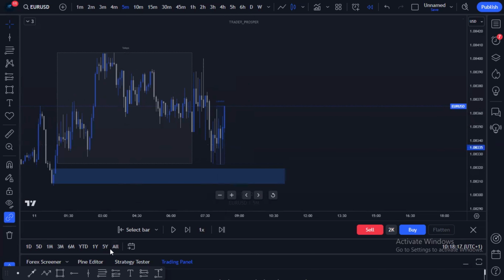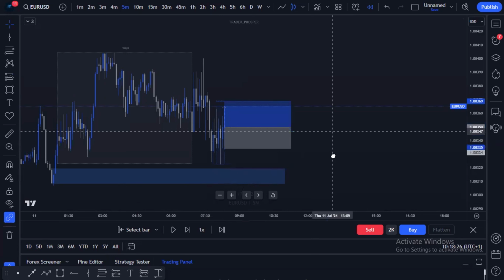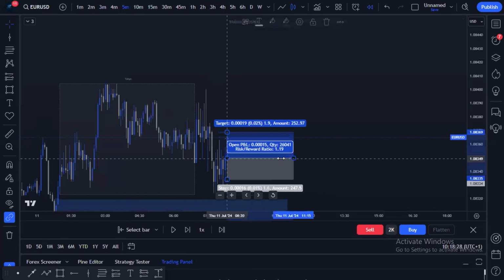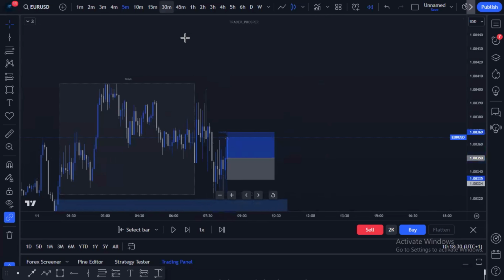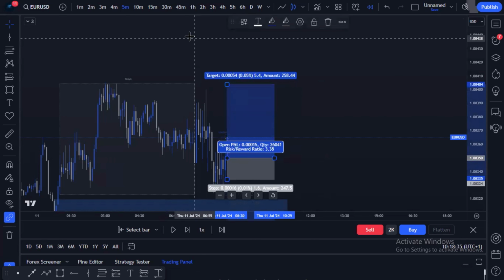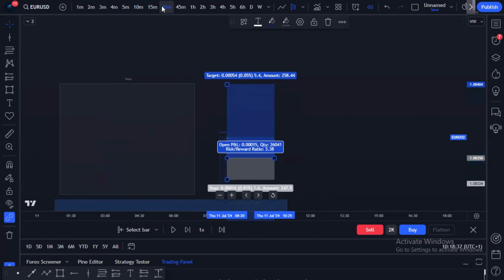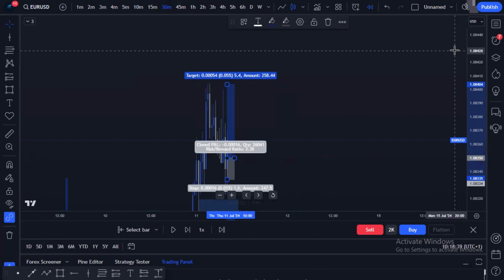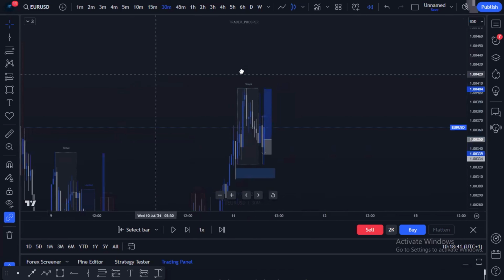So let's see if we get a win for this one, and maybe a stop loss here at this point.